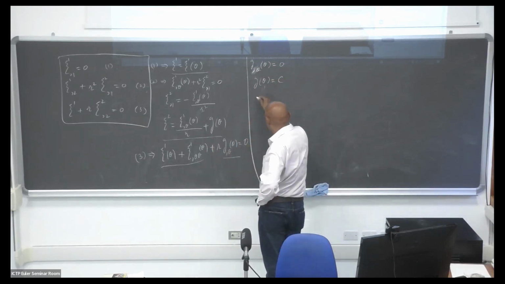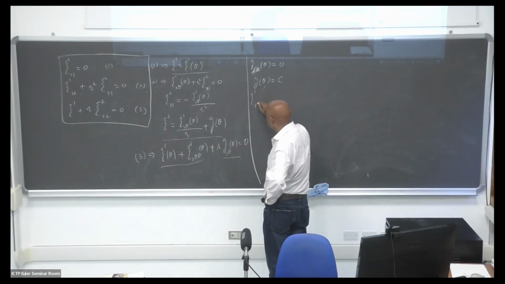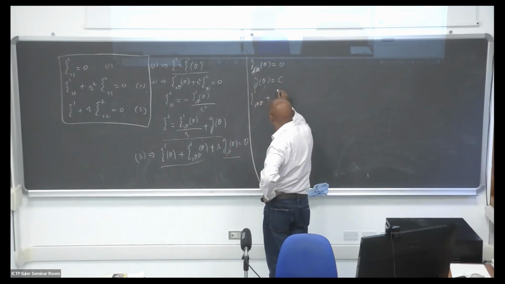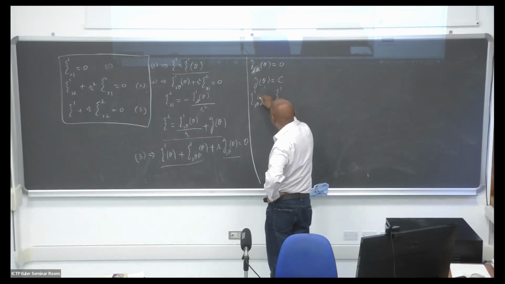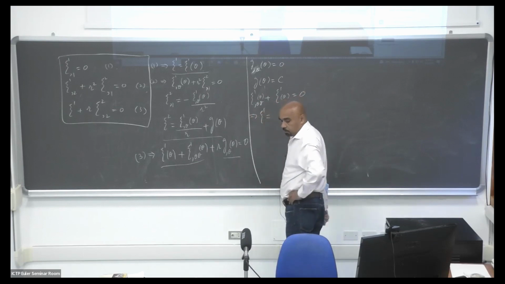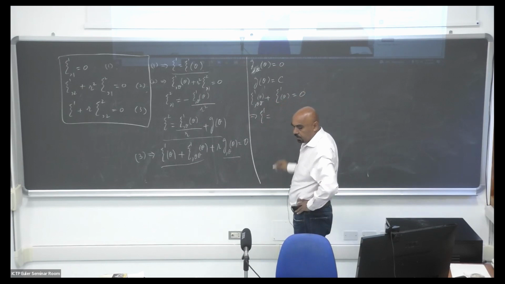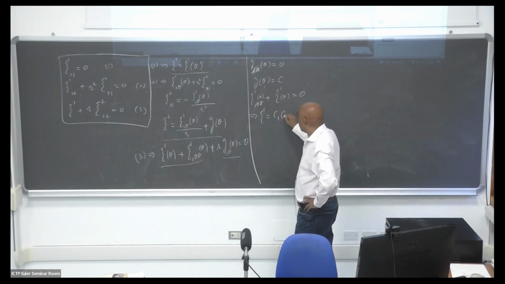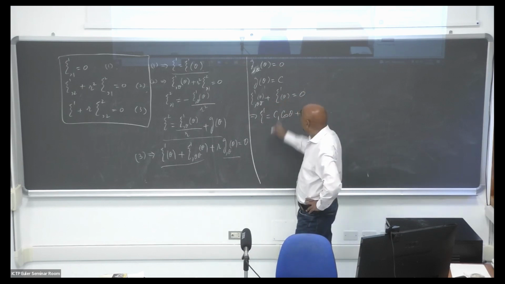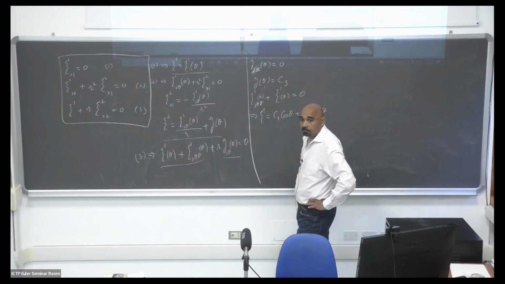And the other part of this equation is xi1 comma theta theta plus xi1, and this is a function of theta equal to 0. And we know that its solution is c1 cos theta plus c2 sin theta. And this we can call c3 now.